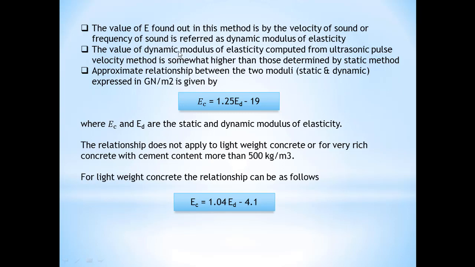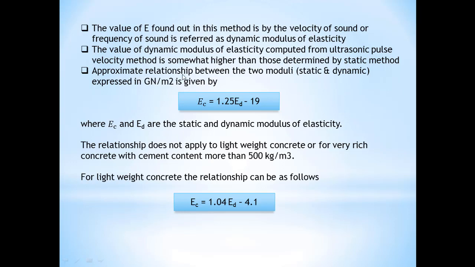The value of dynamic modulus of elasticity computed from the ultrasonic pulse velocity method is somewhat higher than those determined by the static method. Means from the ultrasonic pulse velocity method, the value of dynamic modulus of elasticity we obtain is a little higher compared to the static method which we had found out previously.